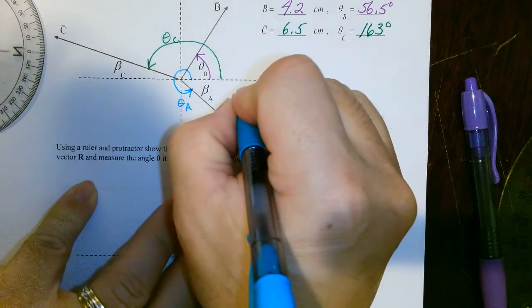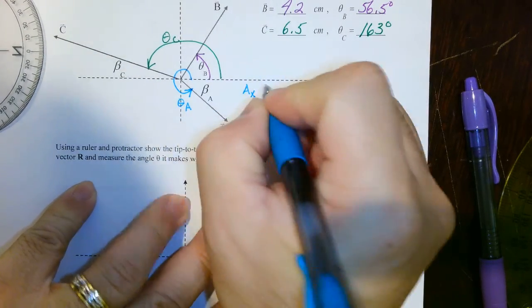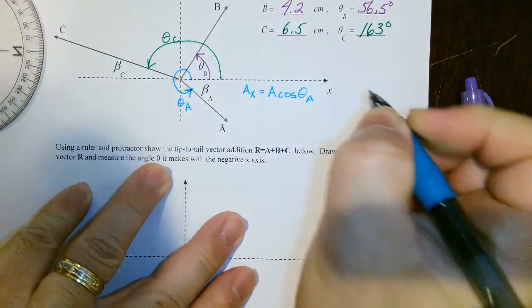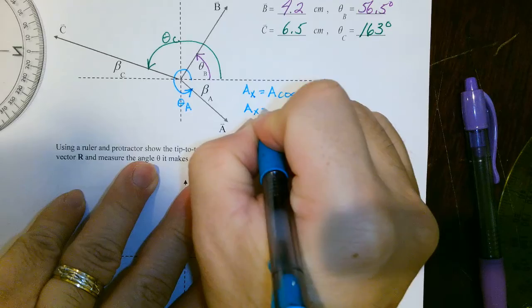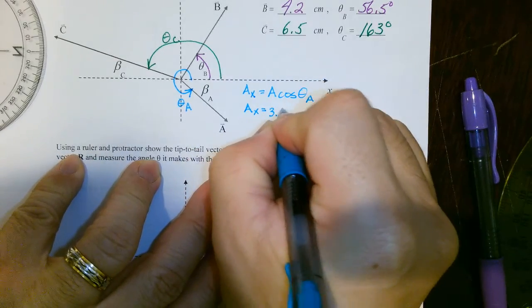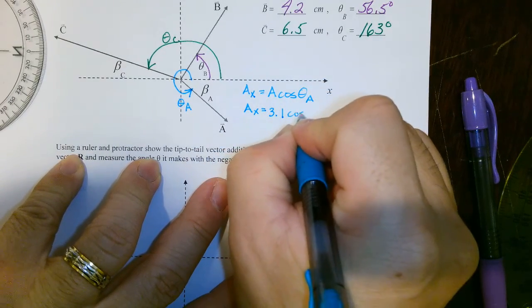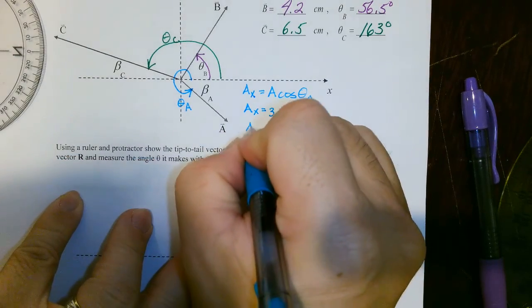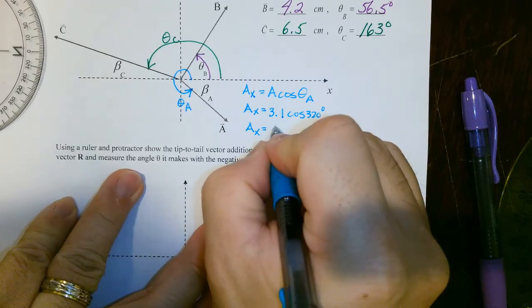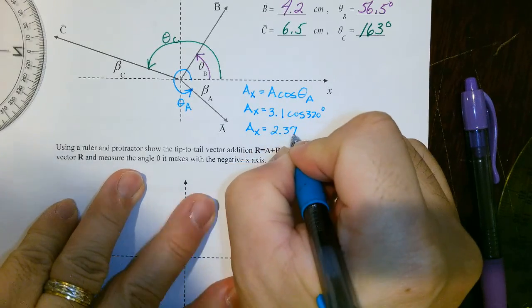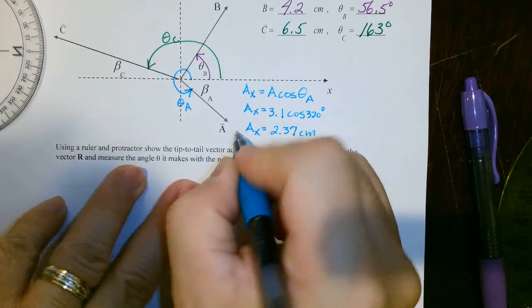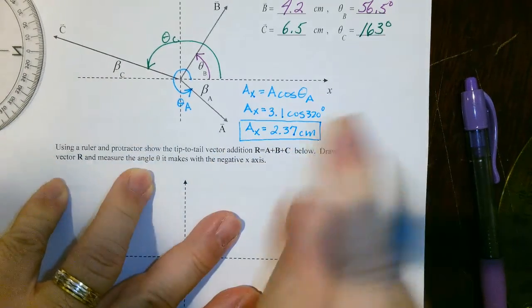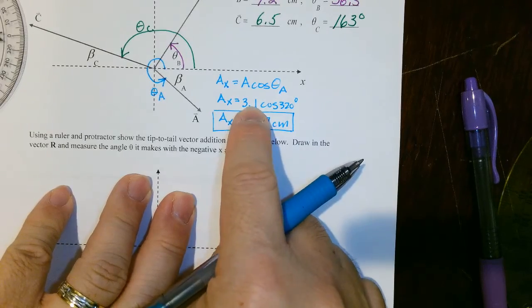AX is equal to A cosine of theta A, so 3.1 times cosine of 320 degrees. My AX comes out to 2.37 centimeters. Now you may have different numbers.